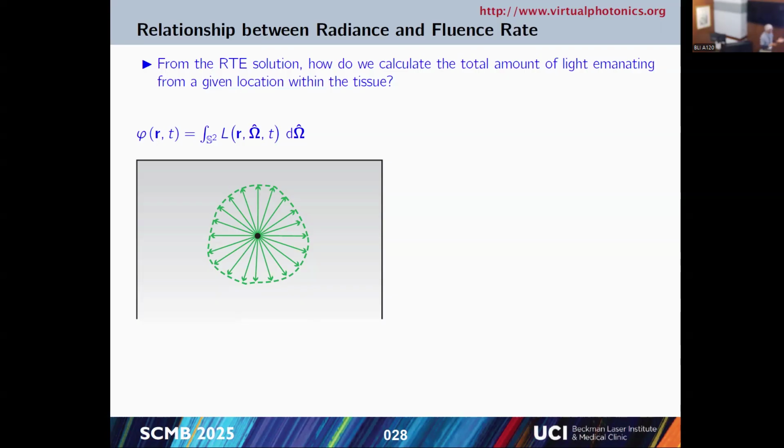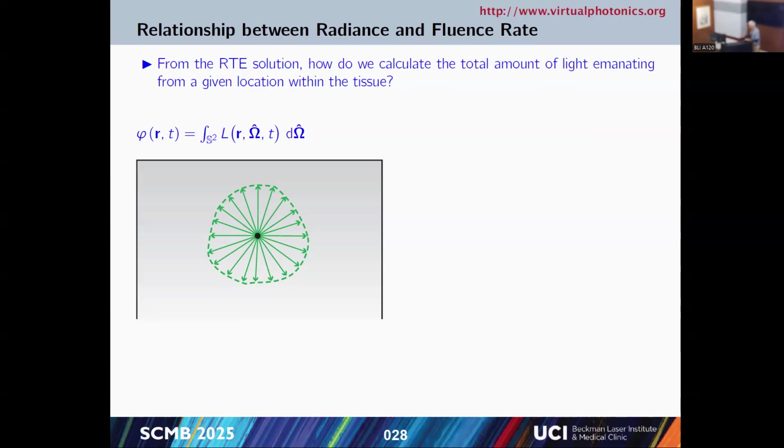If you have the complete solution to the radiance, you can get the fluence rate by integrating the radiance over the entire unit sphere. Sometimes you see that as the surface S², which is basically a unit sphere, or you see 4 pi steradians. So you want to integrate this over all 4 pi steradians.